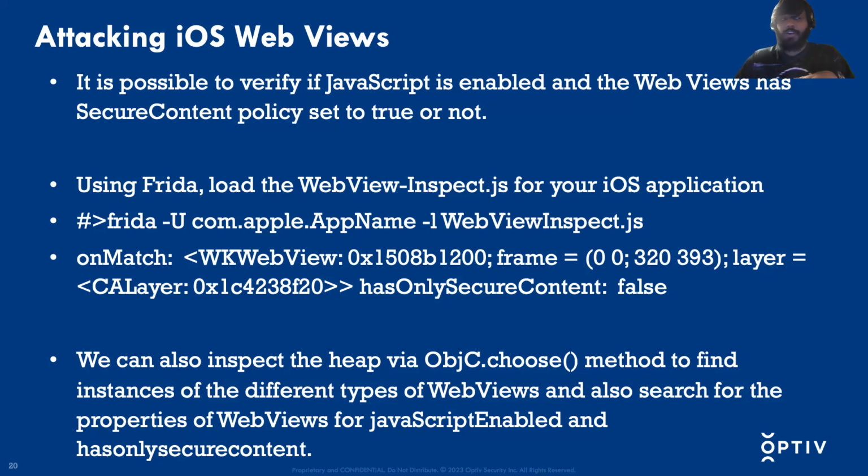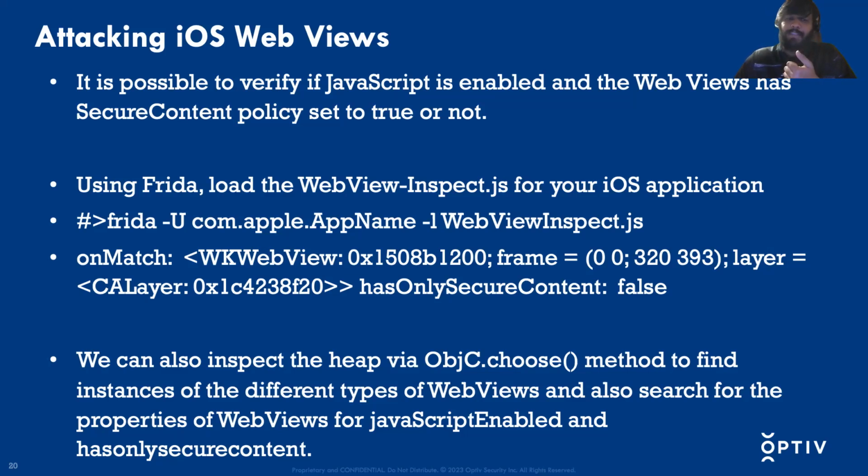This file is where you can inspect the web view controller of your application. Once you execute that command, you can see the result. It prints the memory address and whether the secure content policy is set to true or not.